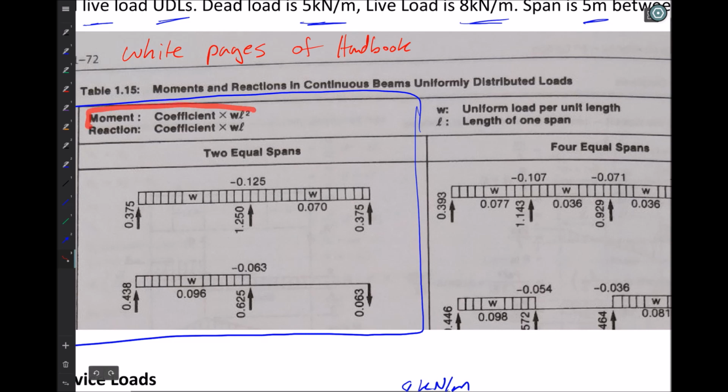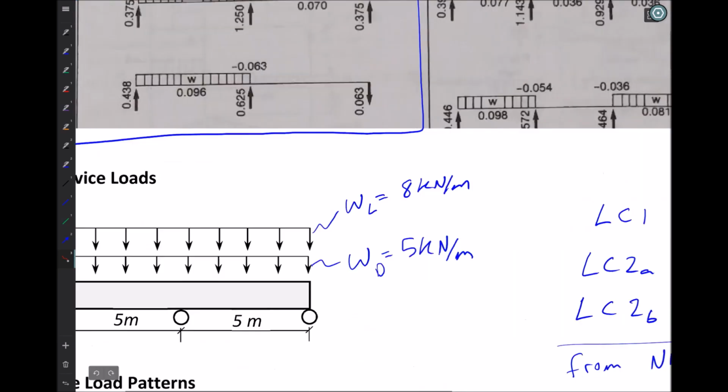When we compute moment, we simply take the coefficient that's written there horizontally, multiplied by the magnitude of load times the span squared. And once again, we'll look at the unit consistency of that when we do our first calculation. So I'm going to pull this minus 0.125 and the 0.070 out for now.